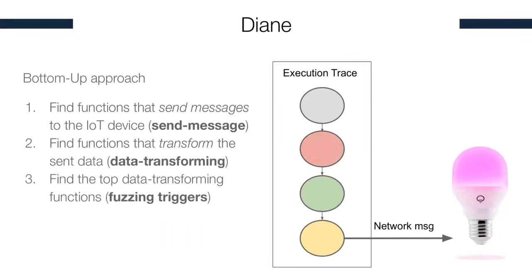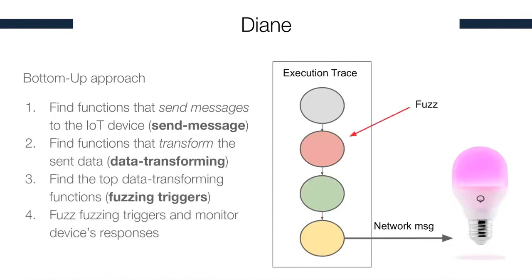And then the dominators of these data transforming methods, we call them fuzzing triggers, which will be fuzzed and which enables us to generate properly formatted data and also input that is not constrained. Let's see how each of our phases work.